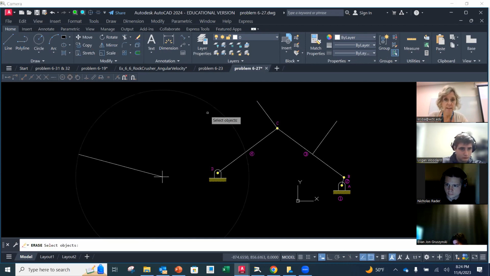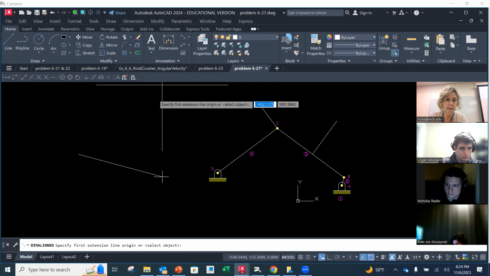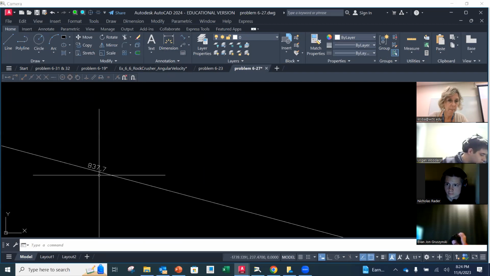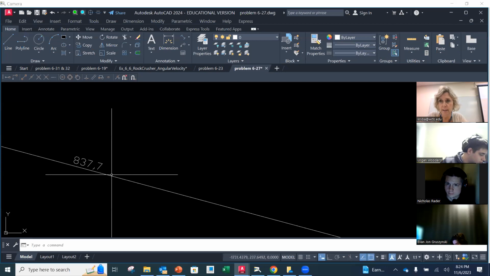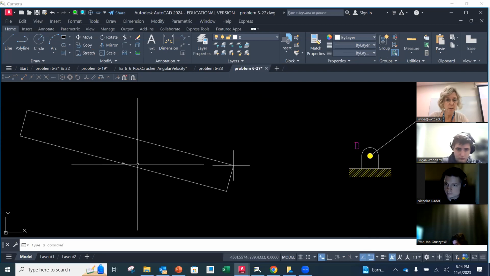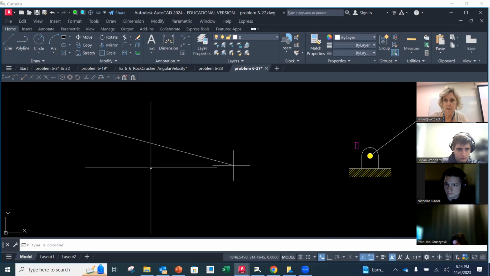Okay, so if I delete this and I measure that length with a line dimension from here to here, and I look, that is 837.7 millimeters long. Okay. All right. So any questions about getting that to the right length? All right.